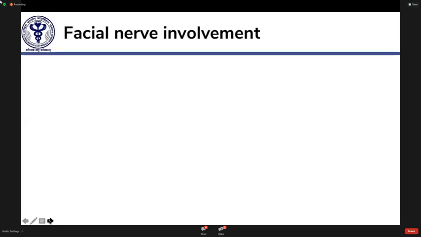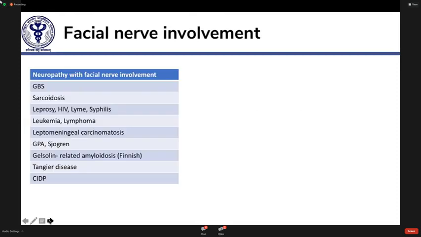Now, neuropathy with facial nerve involvement; the commonly involved conditions are Guillain-Barré syndrome, sarcoidosis, and infections like leprosy, HIV, and Lyme. Syphilis is a little controversial. Syphilis can cause facial nerve neuropathy, but it's usually said that syphilis doesn't involve peripheral nerves.